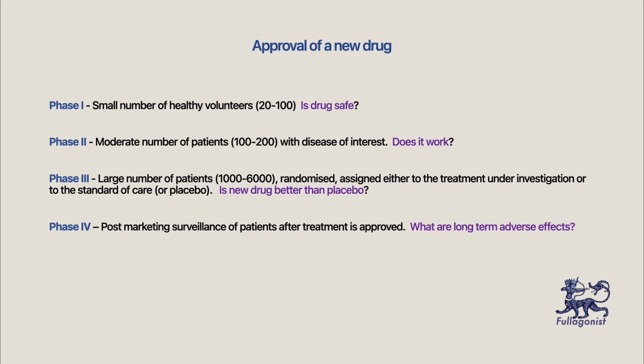It includes thousands of patients with the disease to determine long-term adverse effects, risks, optimal doses, treatment schedules, and drug interactions. To summarize, Phases 1, 2, and 3 establish safety and efficacy. Phase 4 determines long-term adverse effects, risks, optimal doses, and treatment schedules after the drug is approved.